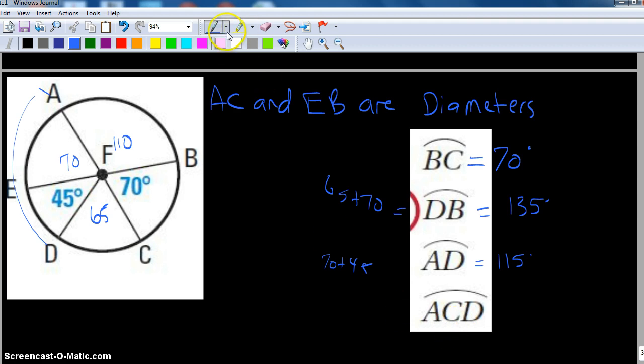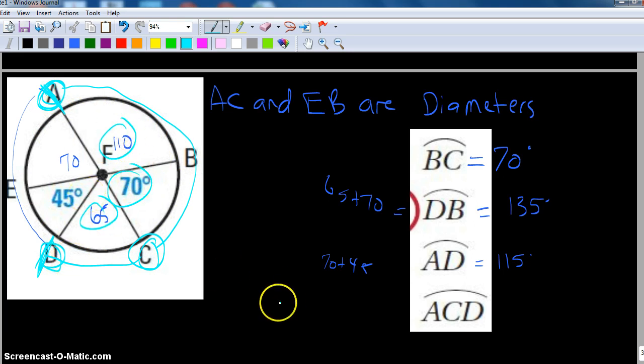And this one right here, I like these 3-letter ones because it tells you the exact order you have to go to. You have to start at A, then you have to go to C, and you have to end at D. So you can't go A, C, and then all the way around back to D. You cannot go A to D. The order says A, C, D. So you gotta go all the way over here to C first, and then to D. So we're stopping right here, starting here at A and going all the way to D. So you need to add the 110, the 70, and the 65.